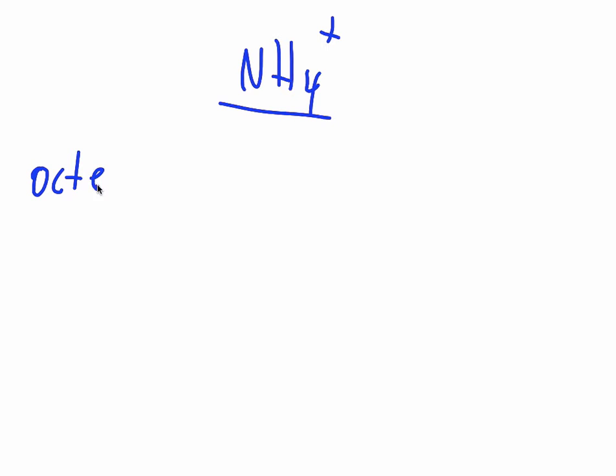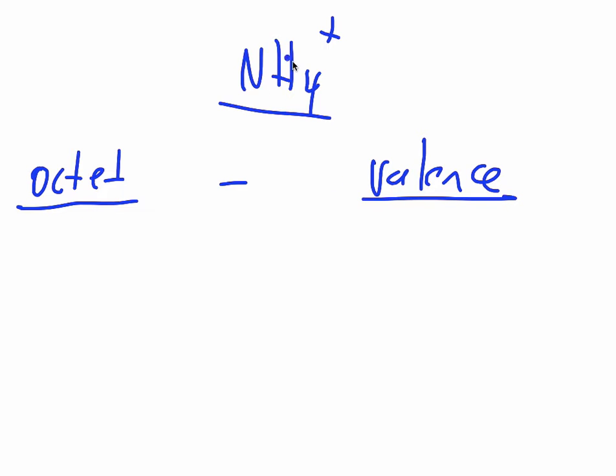One thing that I think some people might need a little bit of help on is how to draw ions. So let's focus on NH4 plus here for a second. So we have octet minus valence. So octet here is 8 plus 4 times 2 is 8. That's going to be 16 minus valence. Here we have 5 for N plus 4 for hydrogen minus 1 electron because it has a positive charge.